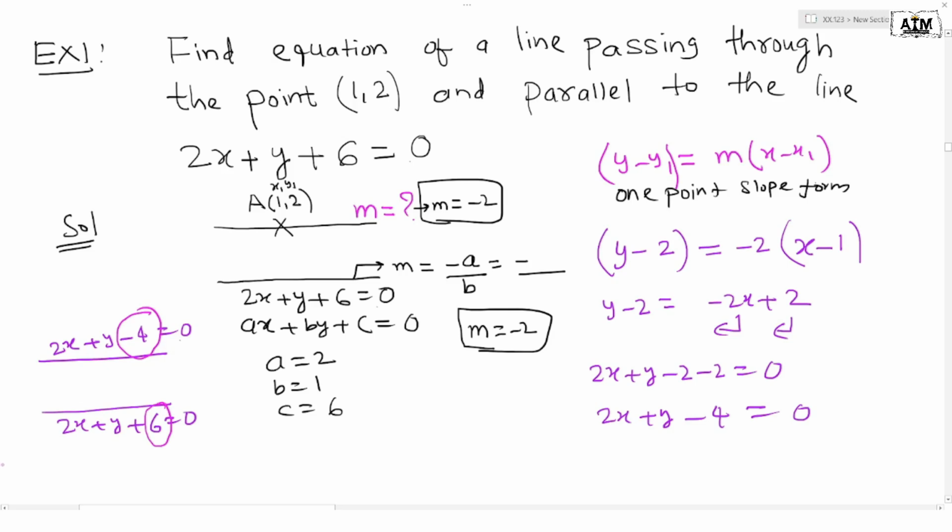In both equations, only the constant terms are different, but the x coefficient, 2x here and 2x here, and here is a y, here is a y. So in both equations, the x and y terms are the same. The only difference is in the constant term.